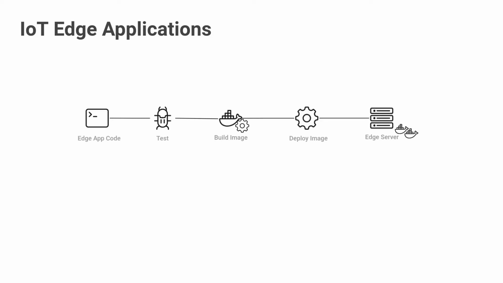But at the end of the day, those edge server devices are going to need IoT edge applications to run on them. What I'm seeing a ton of is these devices running some form of Kubernetes. If you're running Kubernetes, you're definitely going to be running your application inside of a Docker image, and that's where we have to build Docker images that support ARM architectures.